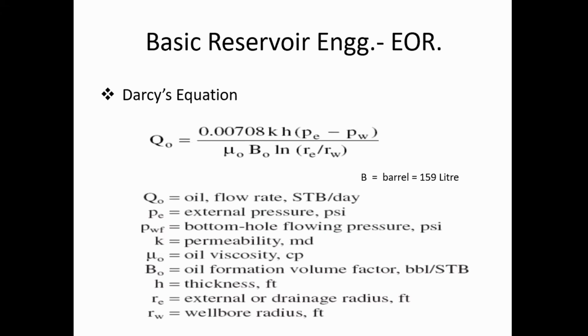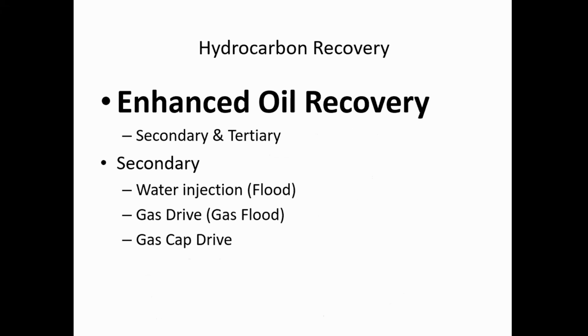The answer: it reduces mu naught, it increases PE or PR, the reservoir pressure, and number 3, it may increase the value of K. Not always, but maybe. So these are 3 factors that could be affected to make more production due to tertiary recovery.